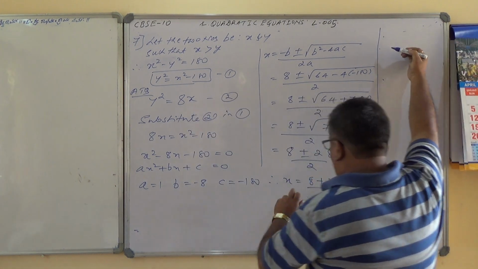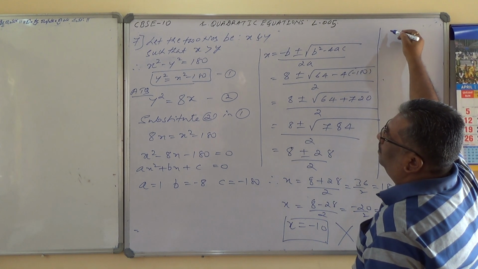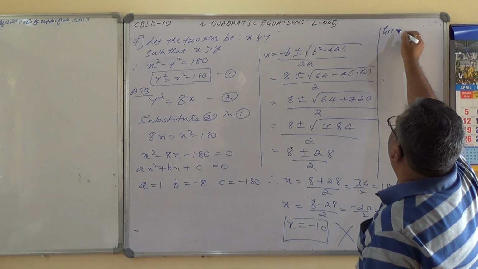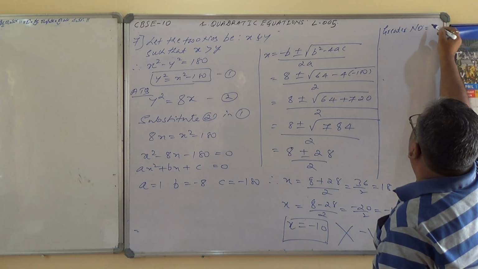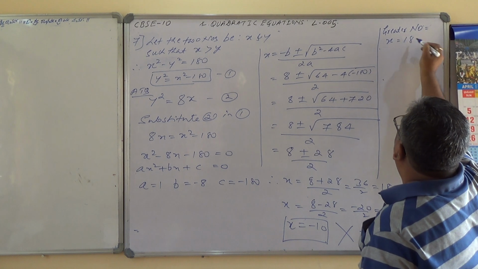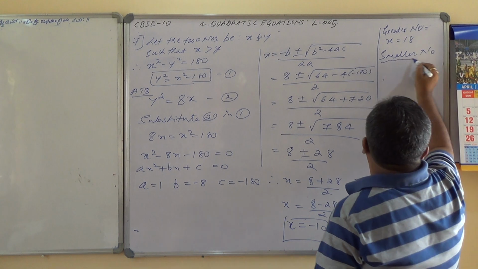Let me write here now. So, the greater number x equals 18. Now we will calculate the smaller number. How do we calculate the smaller number?